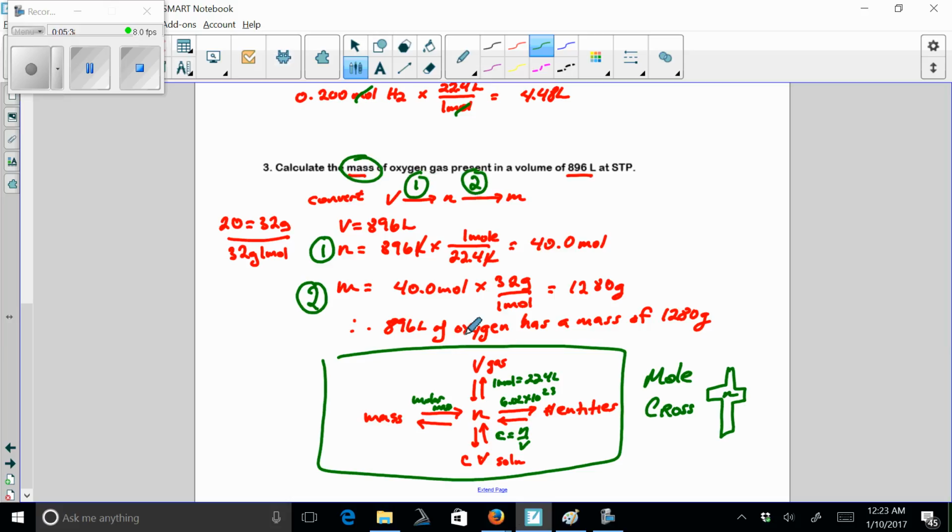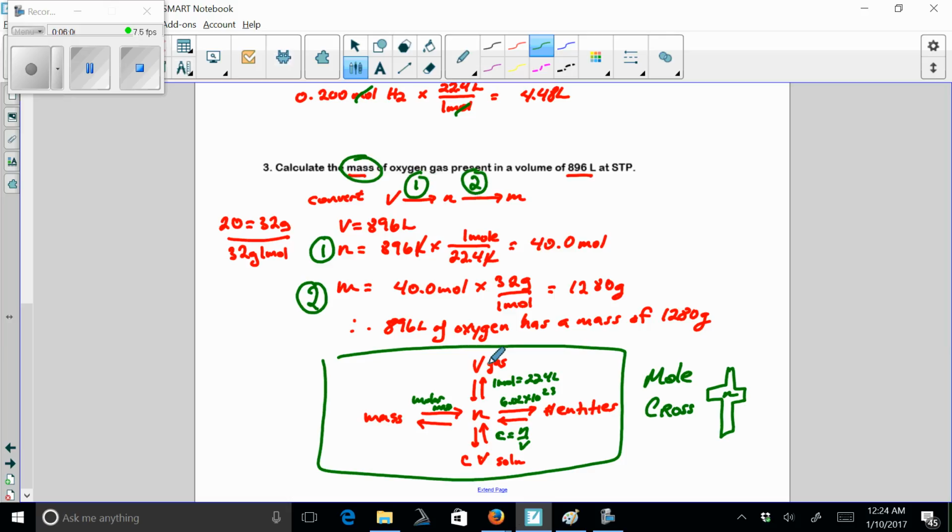Now, before we go on, I just want to remind you of the mole cross we talked about earlier. The mole is in the center of all of these different factors. If I want to figure out the number of entities, from the moles I can use Avogadro's number, or from the entities go to the number of moles. If I have mass to moles, I can use my molar mass, which we did here.